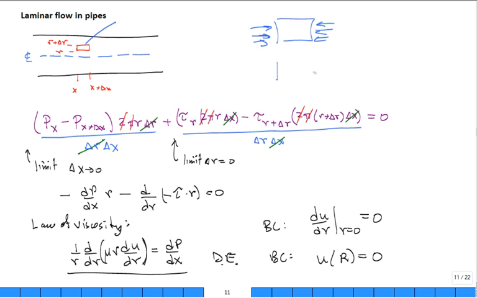It has a velocity profile that is, think about the velocity here, slow and fast. Out here it's slow, and on the inside it's fast.